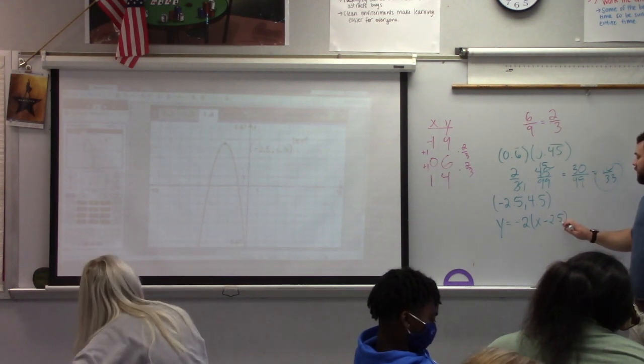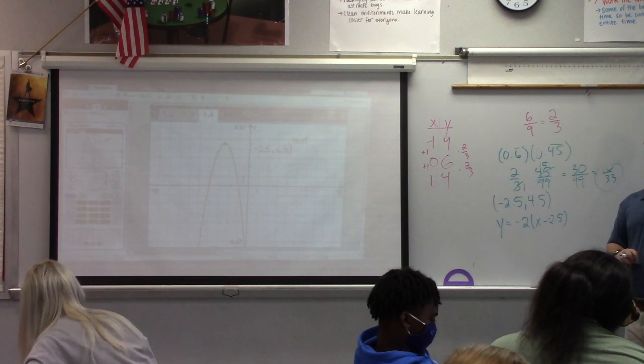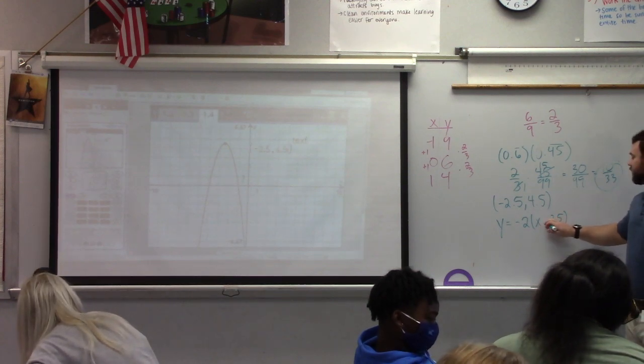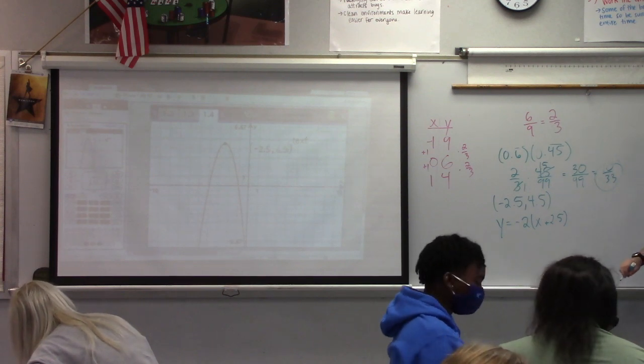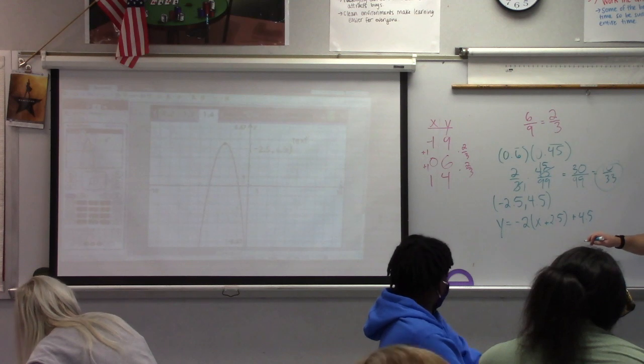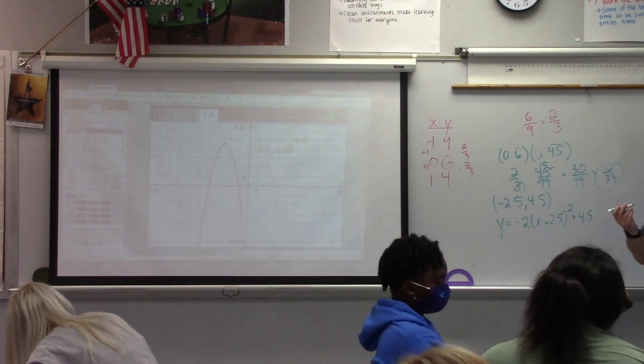Wouldn't it be plus because it's 2 and negative? Remember, we are subtracting a negative 2.5, so it would be positive. Remember, with the x, it's always the opposite. So x plus 2.5, plus 4.5. Oh, it's quadratic, so I need to square that. Hey, there's my vertex form.